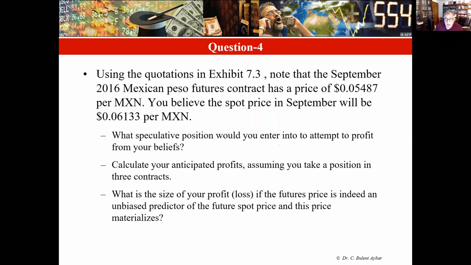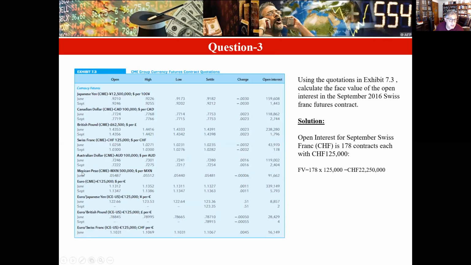So in this question, we are asked to check again the quotations in Exhibit 7.3. The quotations in Exhibit 7.3 suggest that for the Mexican peso contract, which is composed of 500,000 Mexican pesos, the June contract has opened at 0.5487.